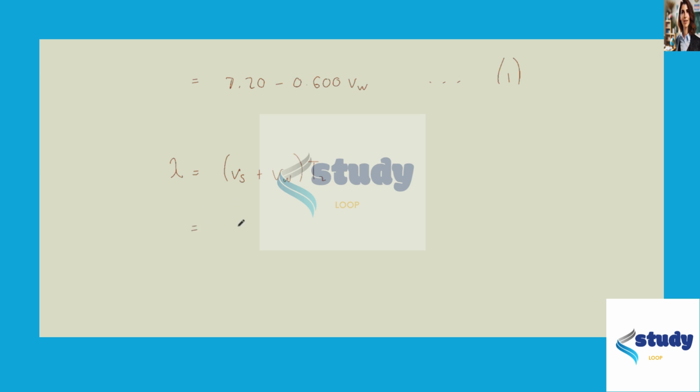And this becomes 6 plus 0.5 Vw. So now we have a second equation with the same two unknowns, the wavelength of the wave lambda and the speed of the wave Vw. So we can solve these two equations simultaneously, and we can find both these unknowns.